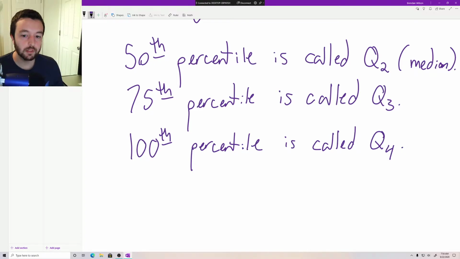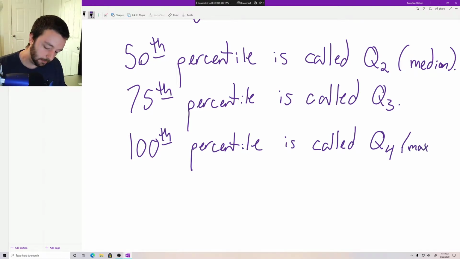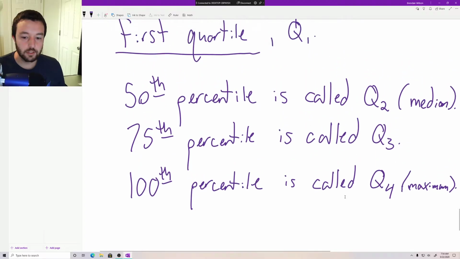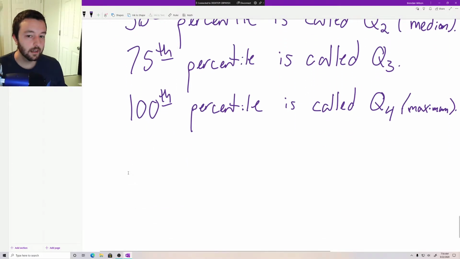So it's just the biggest point. So we won't usually worry about this one too much. Q2, we just often call the median. We don't usually call it Q2. So Q1 and Q3 are really the special ones here.